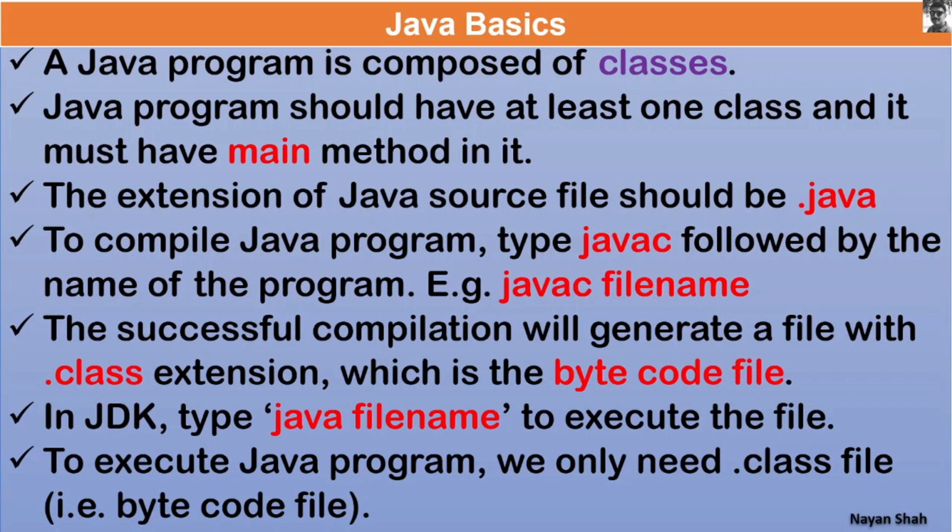We then don't need the source file. So where it says java file name to execute the file, this file name is the bytecode file name, and here javac file name is the .java file name, that is the source file name. So that is how we compile the file and then run or execute it.